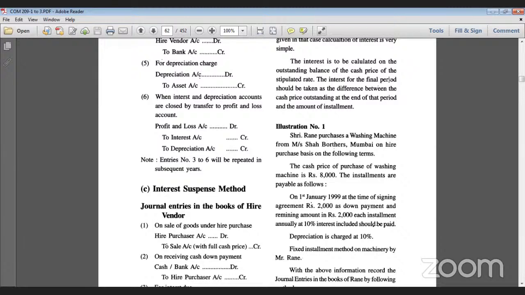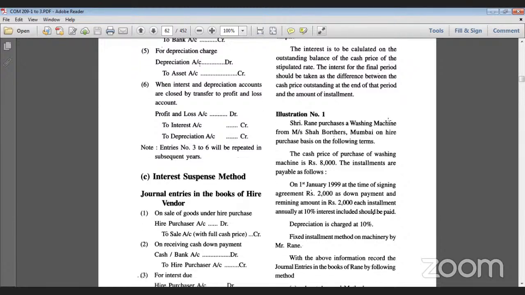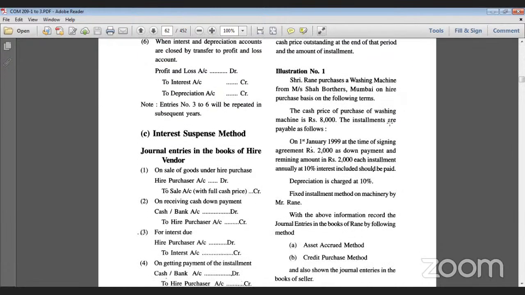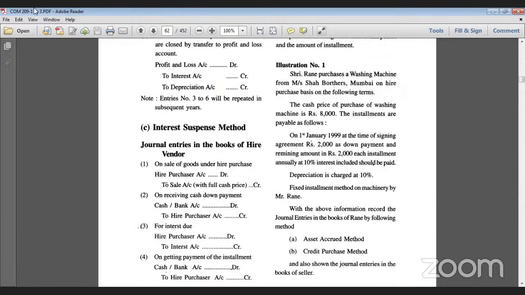The installments are payable as follows: rupees 19,990 at the time of signing the agreement as down payment, and the remaining amount in installments of rupees 2,000 each annually, at 10% interest included. Depreciation is charged at 10% fixed installment method on the machinery.